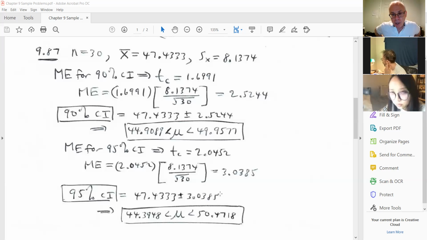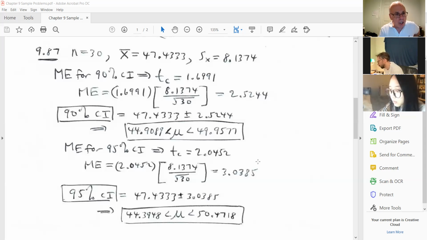Always. If this problem had a Z critical value, we would still use the square root of the sample size in the denominator, it would be sigma divided by the square root of n. But the denominator is always the square root of sample size in the standard error formula, period. It has nothing to do with degrees of freedom.